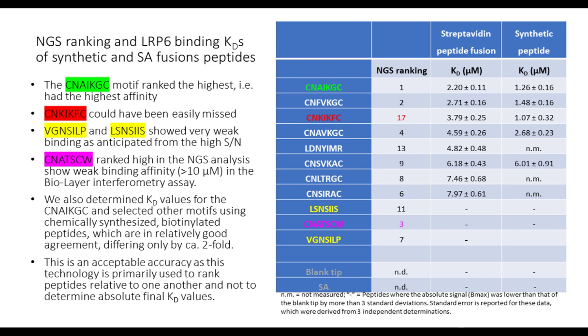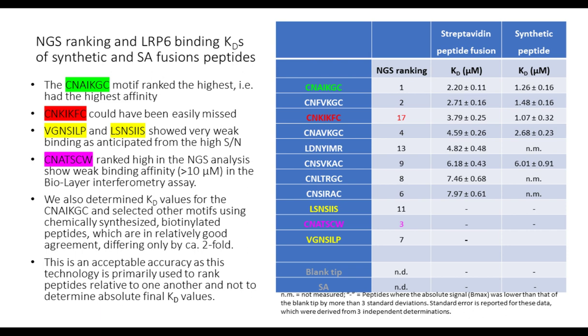And what's also very interesting is that this peptide down here, as well as this one, which showed a very high signal-to-noise ratio, didn't show binding to LRP6 at all. So this kind of confirms what we see from the signal-to-noise ratio. As well as this peptide, which was the 3rd most abundant peptide in NGS.